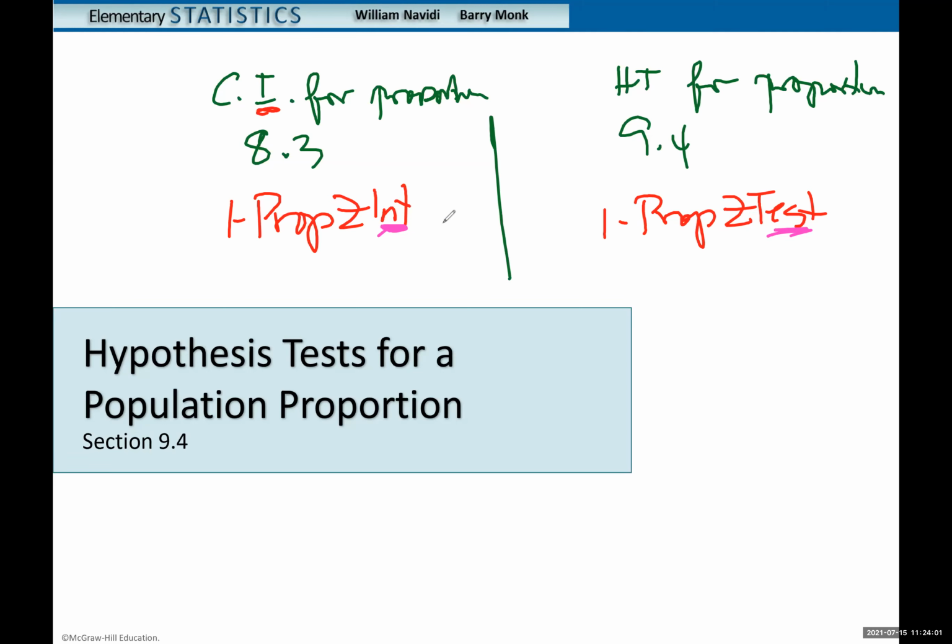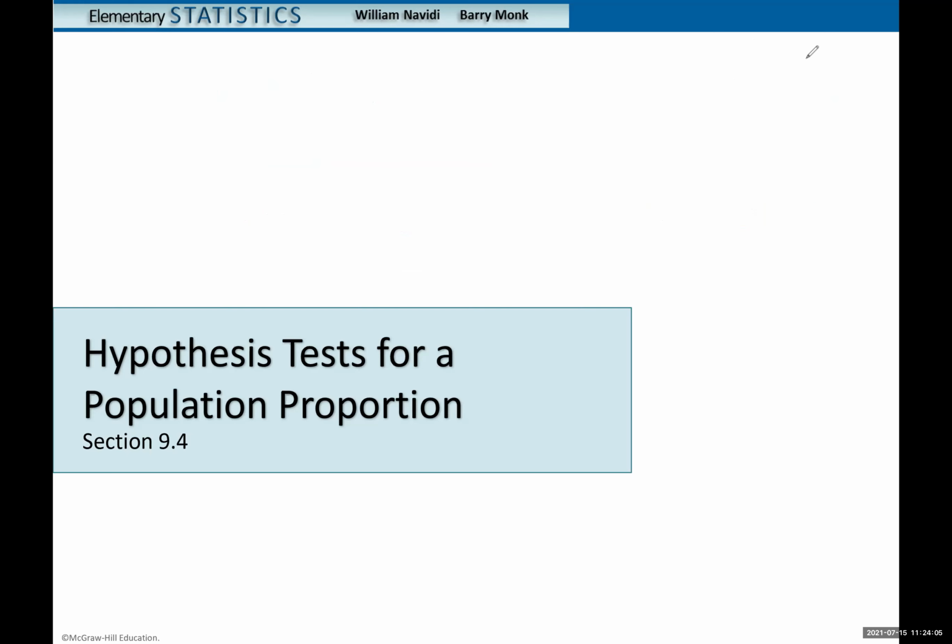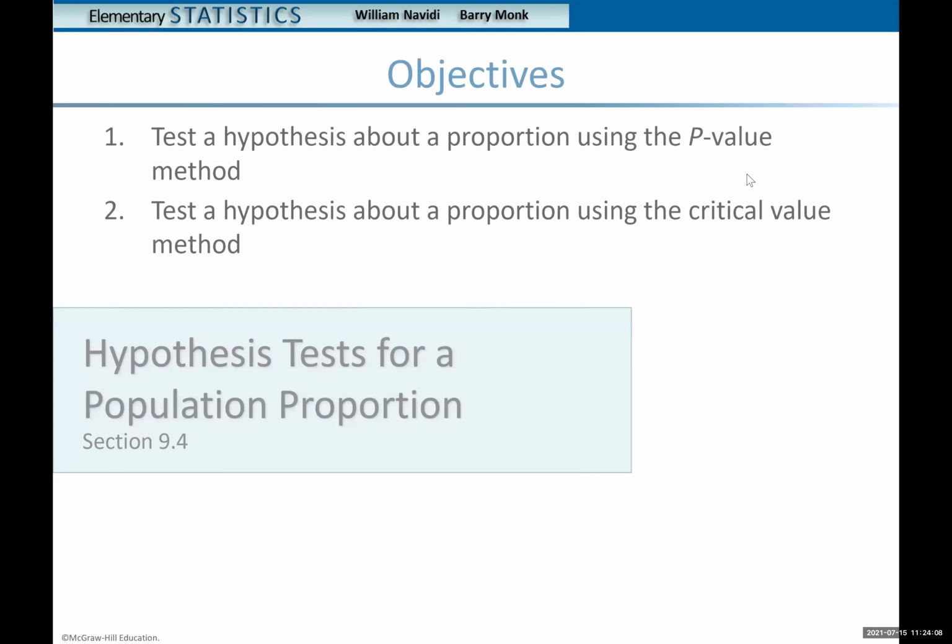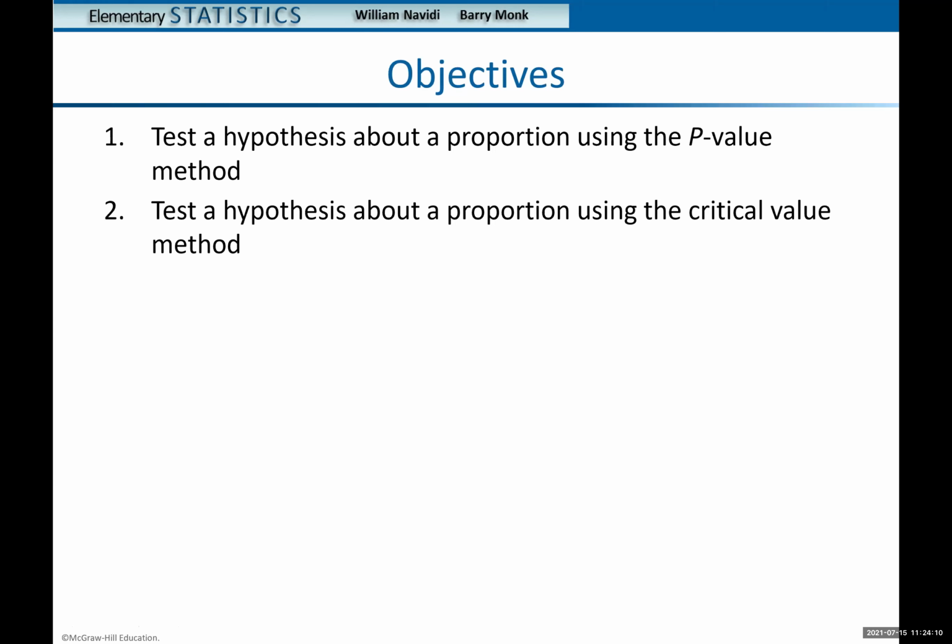Interval meaning confidence interval, test meaning hypothesis testing. Okay. And of course, these are the objectives using the 2 methods, the p-value and the critical value. I already showed you how to use the critical value, and we are going to only use the p-value method. But for these slides, we're going to take the critical value problem and use the p-value method as an example. Okay, so that's our goal.